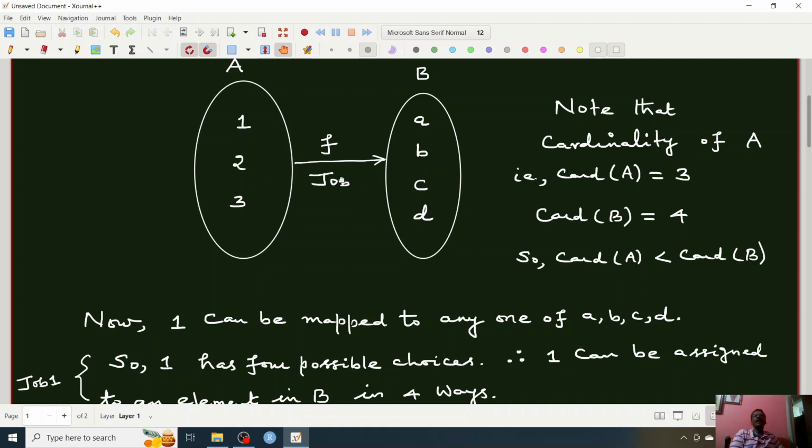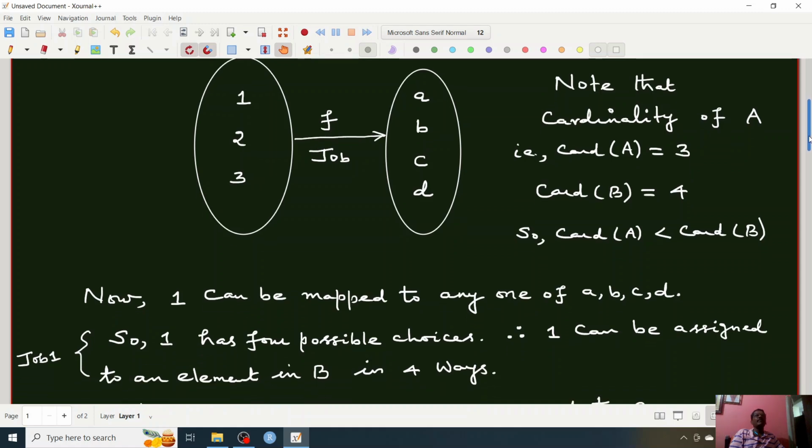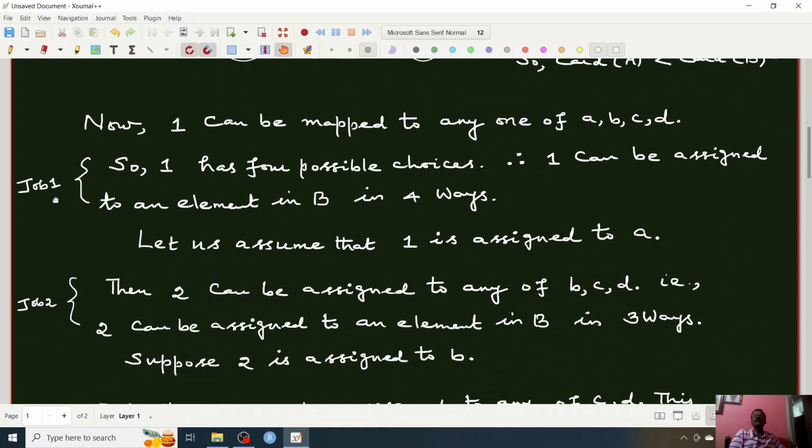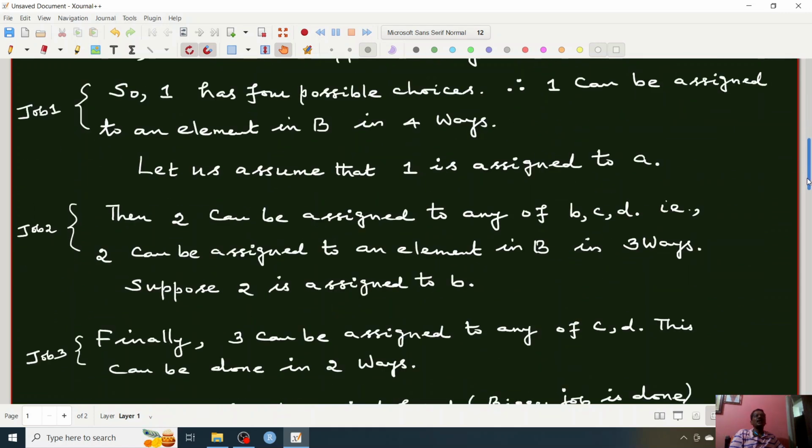So how many jobs are there? The bigger job of defining a function consists of 3 smaller jobs, namely assigning 1 to any of the 4 elements, which can be done in 4 ways, assigning 2 to any of the remaining three elements, which can be done in three ways, and assigning 3 to any of the remaining two elements, which can be done in two ways. So the bigger job consists of three smaller jobs, namely job 1, job 2, job 3.